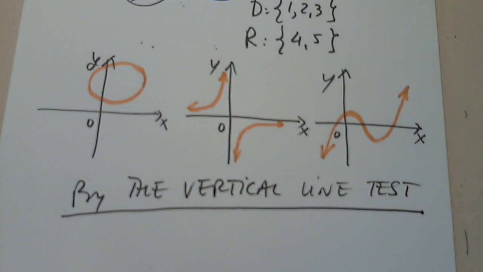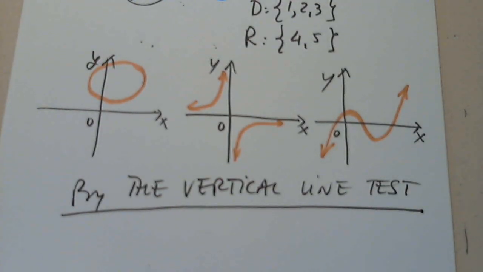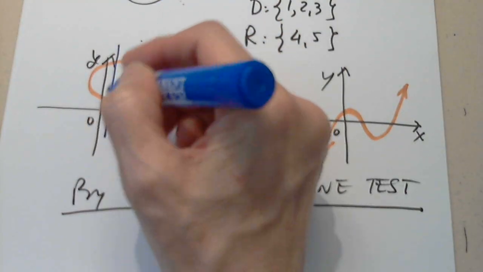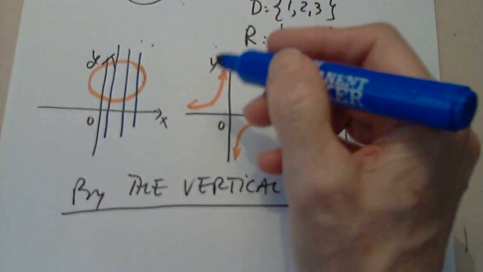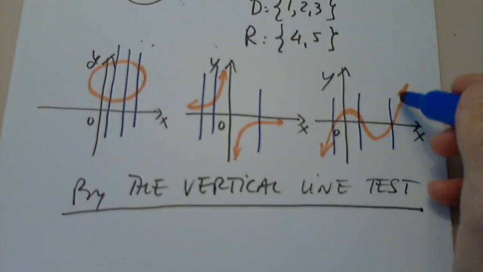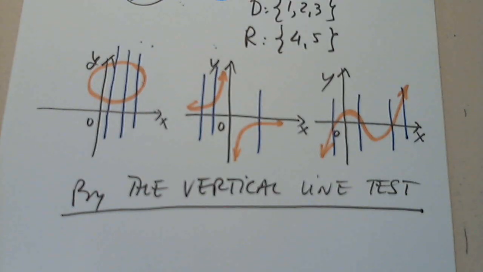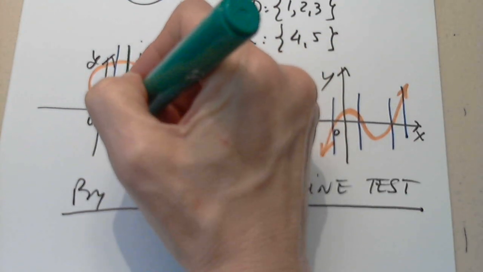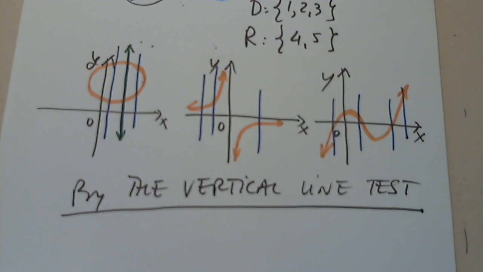What does that mean? So I will draw vertical lines through the graphs. The first one, another line, and then the second one, another line, and then the third one. Some vertical lines. Now, to this x value, how many y values do you think will correspond? The answer is 2.